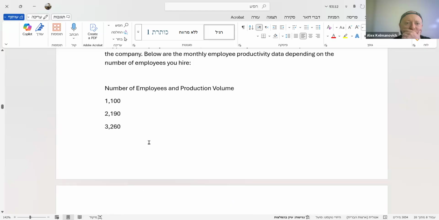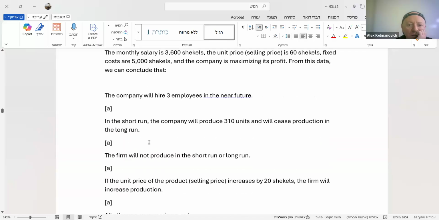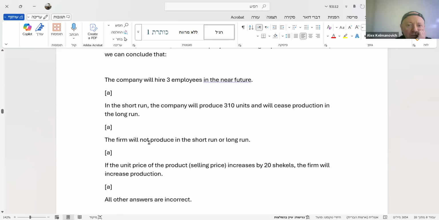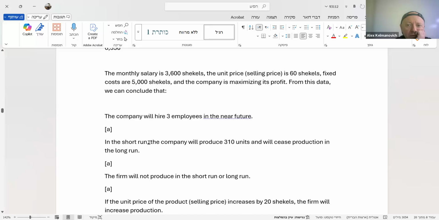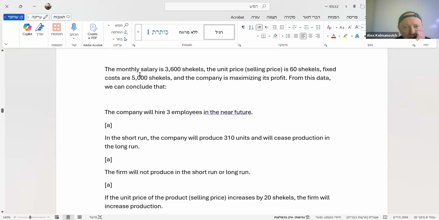So you can do this question with question number 4. Just question number 4. Okay, this question is about a monthly salary of 300-600 shekels.